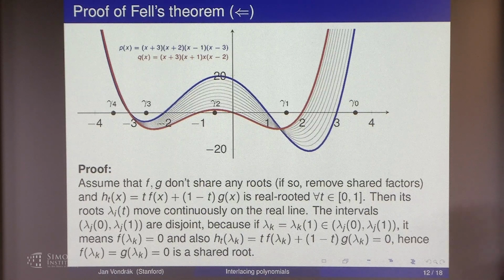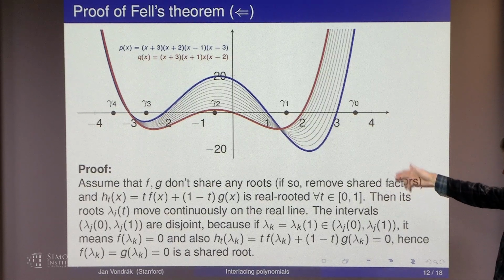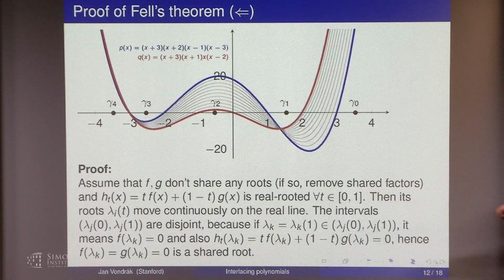So as you move t, each root, let's say the jth root, will move from lambda j of 0 to lambda j of 1. So we have these intervals, lambda j of 0, lambda j of 1. The claim here is that the interiors of these intervals actually have to be disjoint.